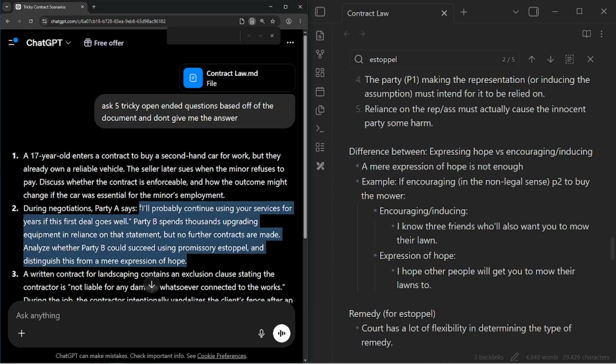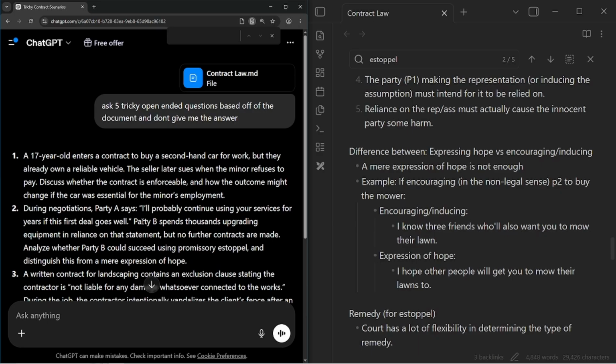I'm gonna go with 60-40 inducing. I mean, strictly by the words said, the word probably does save party A, but I don't know. That's a tricky one.